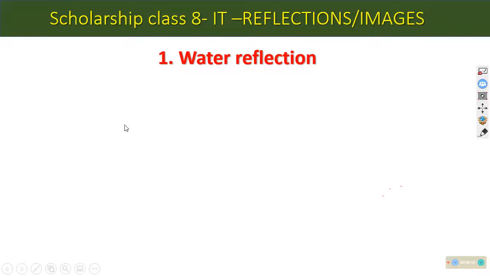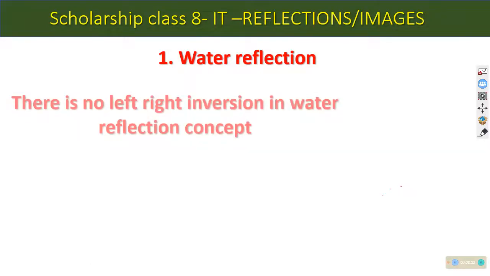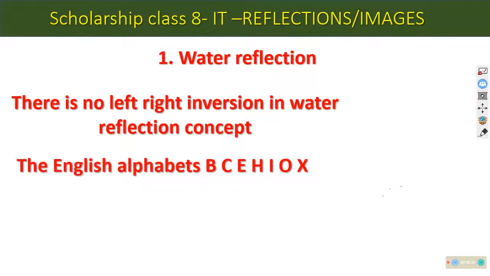Let us take some examples of water reflection, questions which have come in. There is no left-right inversion in water reflection. I told you very clearly. The English alphabets B, C, E, H, I, O, X, all of these, if I think of reflection, I wrote over here because all these alphabets, B will look like B only.